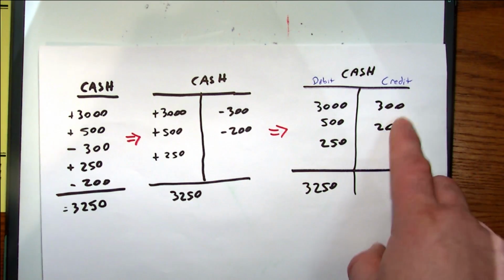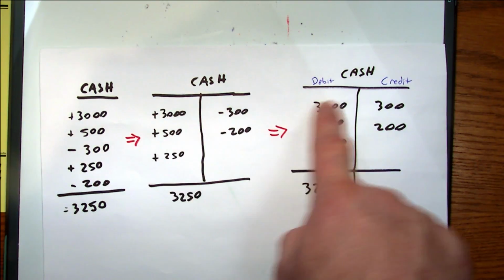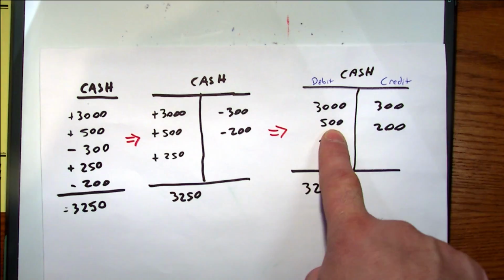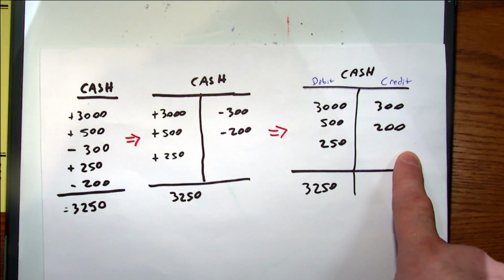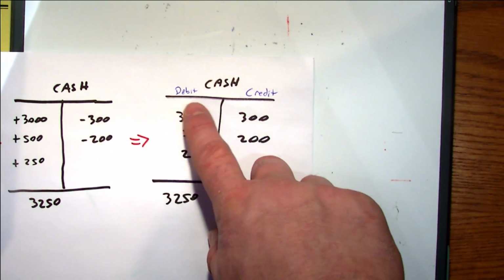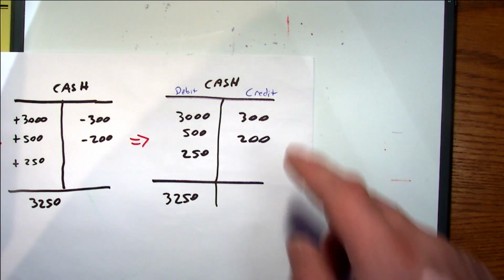Okay? Hang with me for a second. The increases I have put on the left side of the T account. The decreases I have put on the right side. Okay? You with me? And then I said the left side of a T account is called the debit side, the right side is called the credit side.